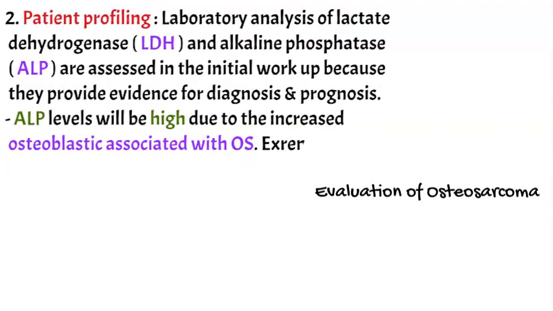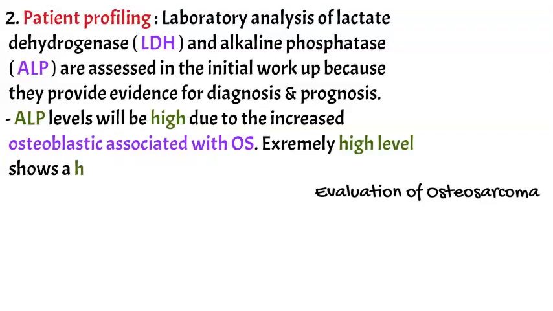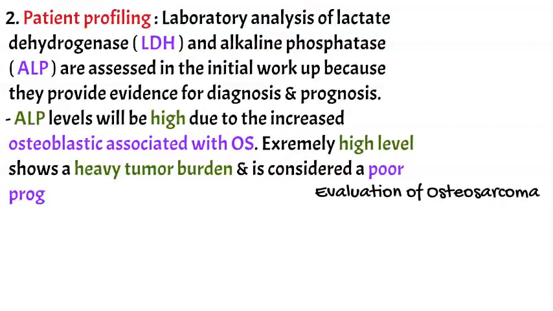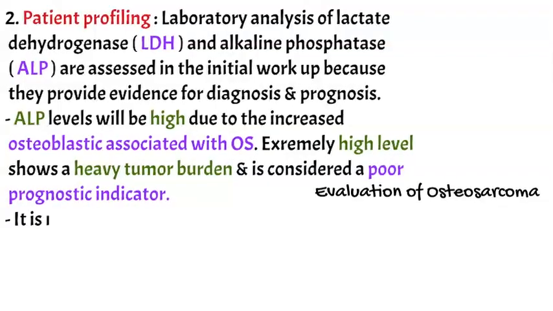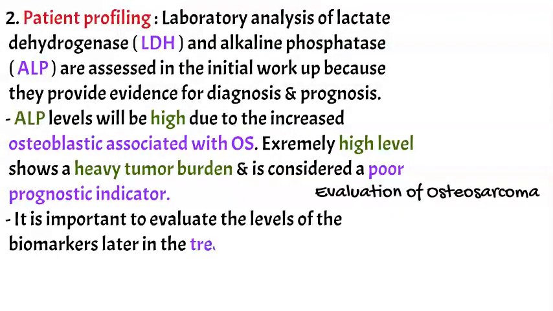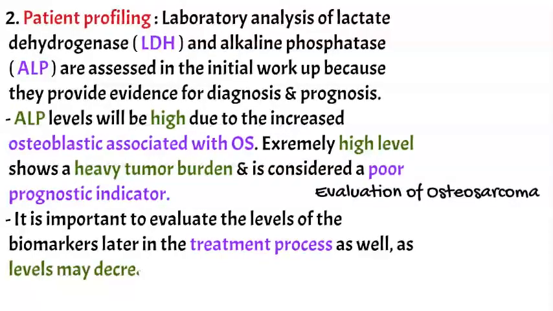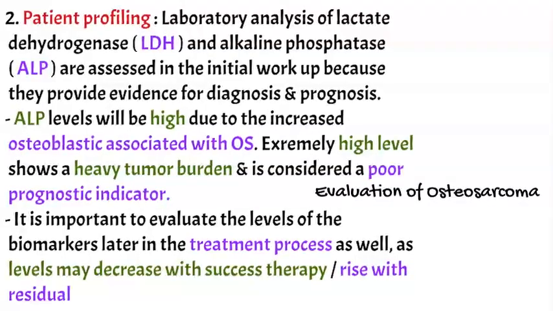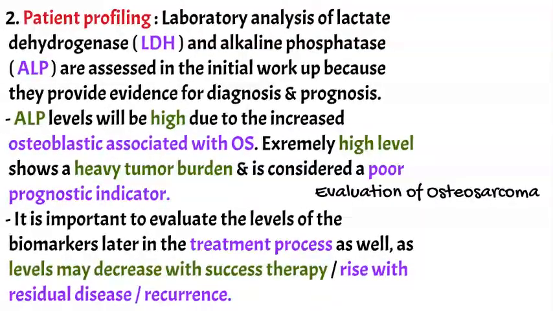An extremely high level shows a heavy tumor burden and is considered a poor prognostic indicator. It is important to evaluate the levels of the biomarkers later in the treatment process as well, as the level may decrease with successful therapy or rise with residual disease or recurrence. ALP is very important.